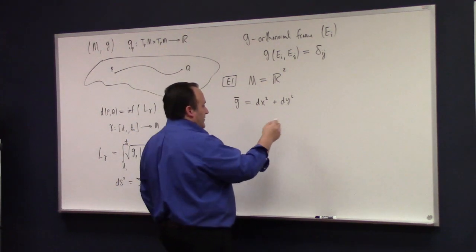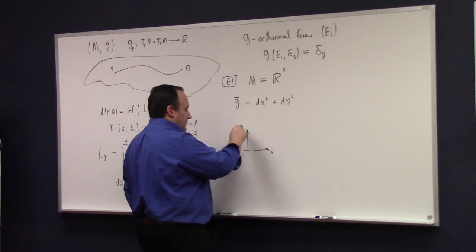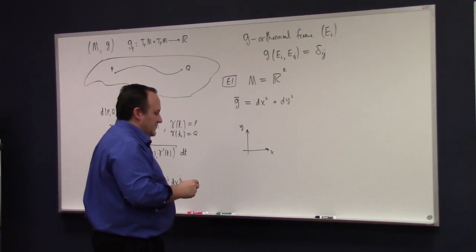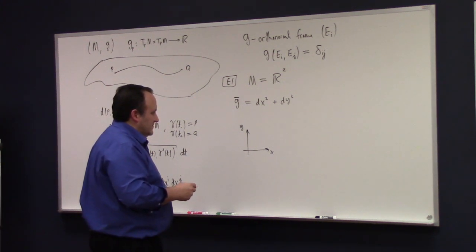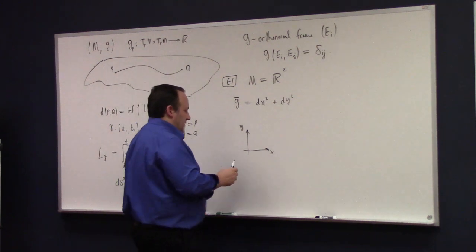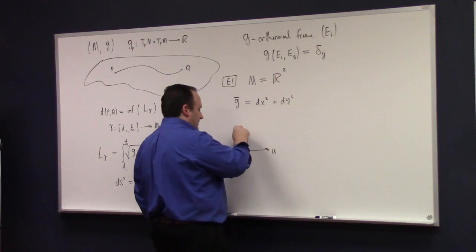We could think about the plane, but maybe I shouldn't use x and y for this construction. He uses u and v in the notes and in the book, so I'll just do that too. U, v.